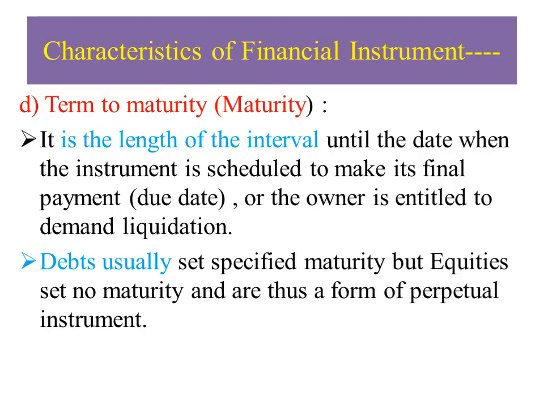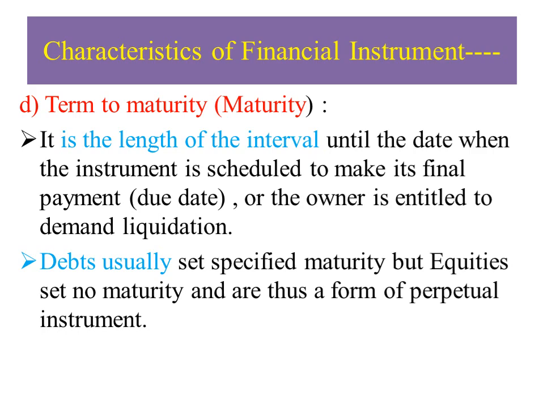The other characteristic of financial instrument is term to maturity. Term to maturity is the length of the interval until the date when the instrument is scheduled to make its financial payment, or the due date, or the owner is entitled to demand liquidation.